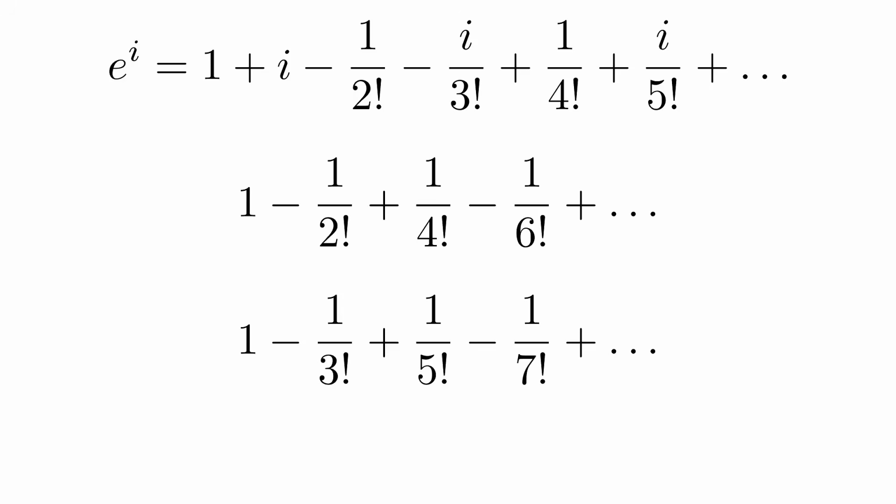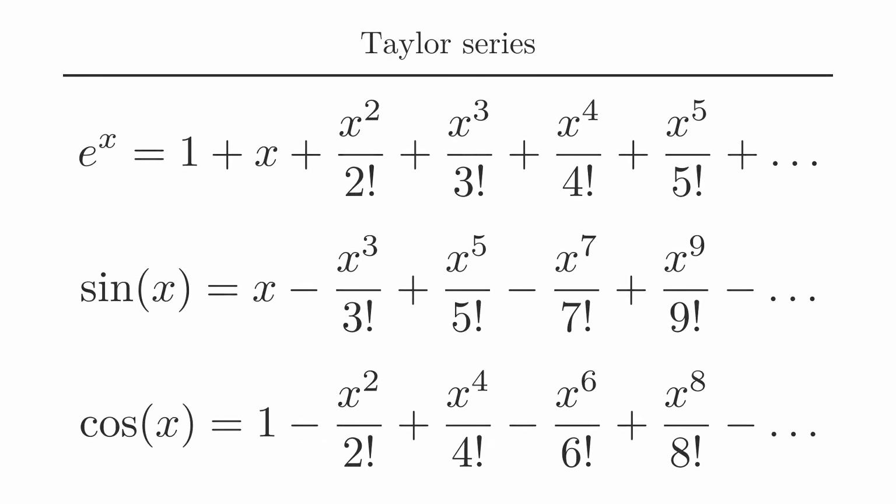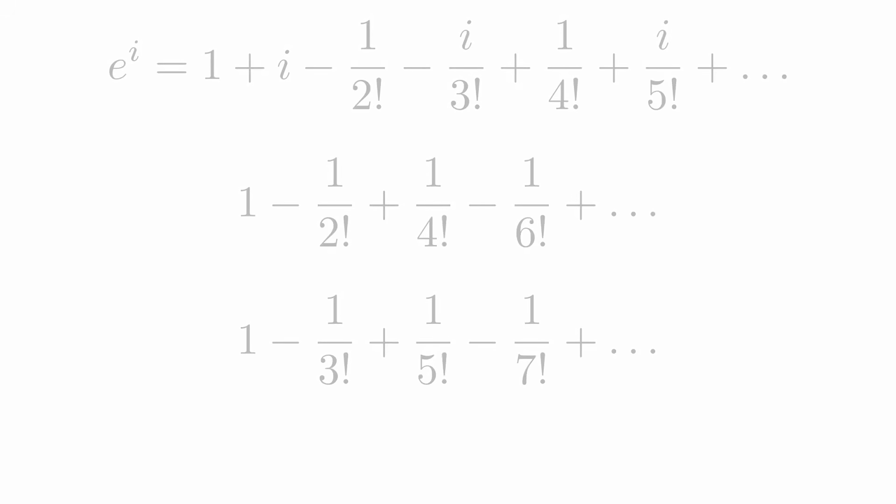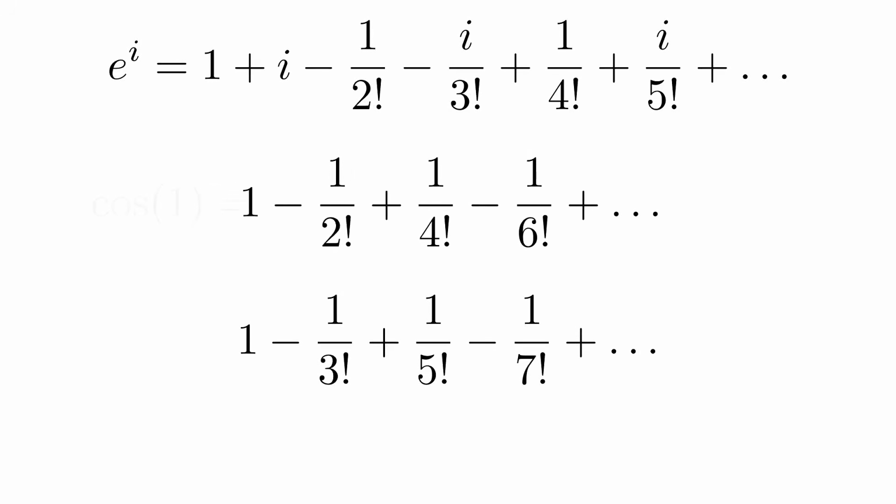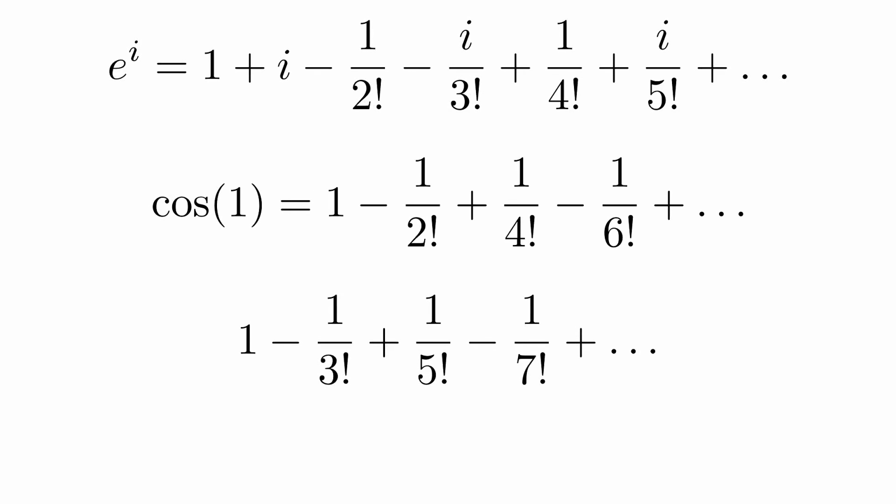These look suspiciously familiar. Let's bring back that list of Taylor series from before. The real part here is exactly cosine of 1, and the imaginary part is exactly sine of 1.